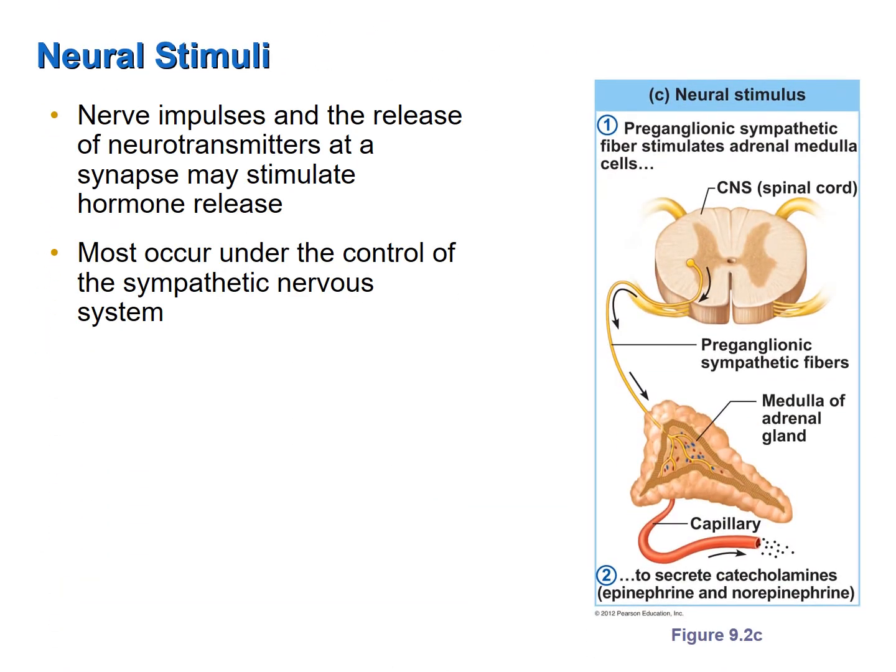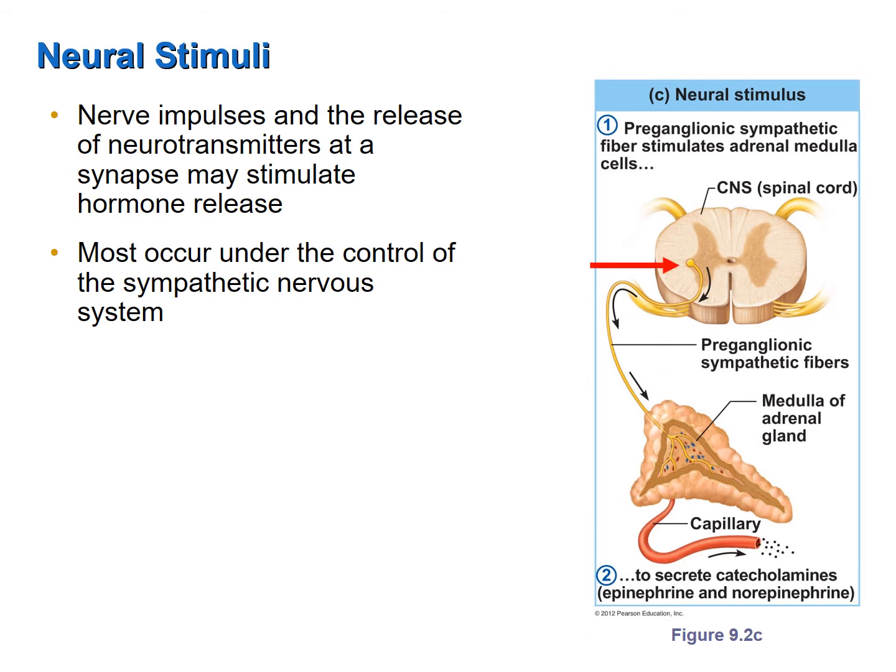Let's first talk about how neural stimuli can cause the release of hormones. This is an example that you're familiar with because we've already talked about how the sympathetic nervous system causes the release of epinephrine and norepinephrine from the adrenal medulla. So here we have in the spinal cord a motor neuron.